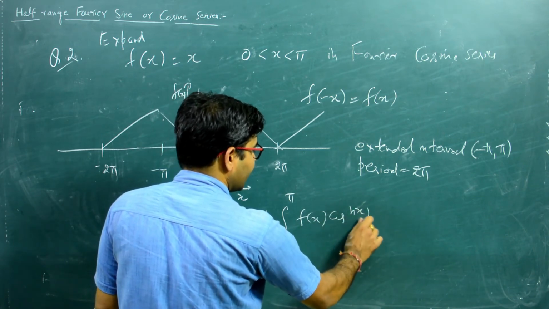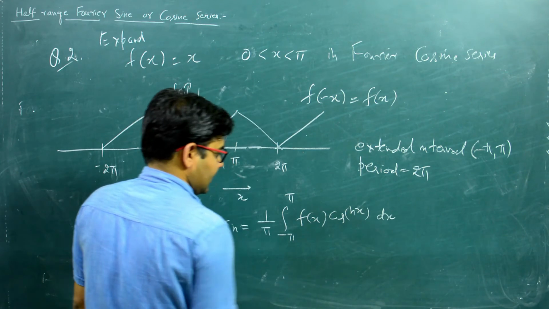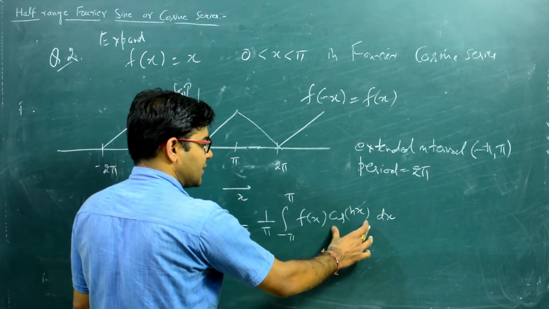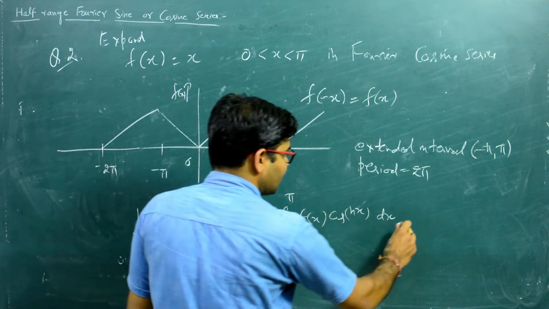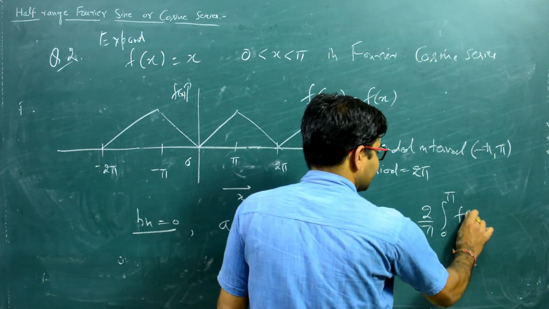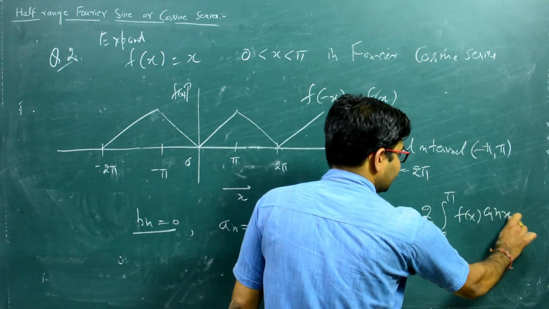L is pi, so it is cos(nx) dx. Since we have deliberately made it an even function, the product of two even functions is an even function, so I can write this directly as 2 over pi, integral from 0 to pi of f(x) cos(nx) dx.